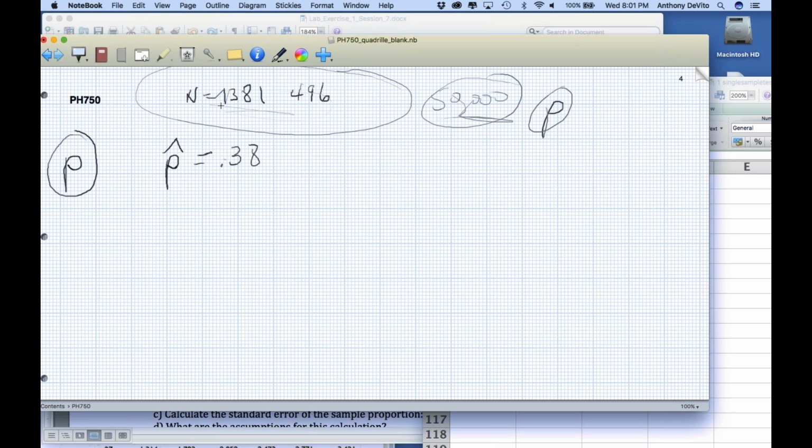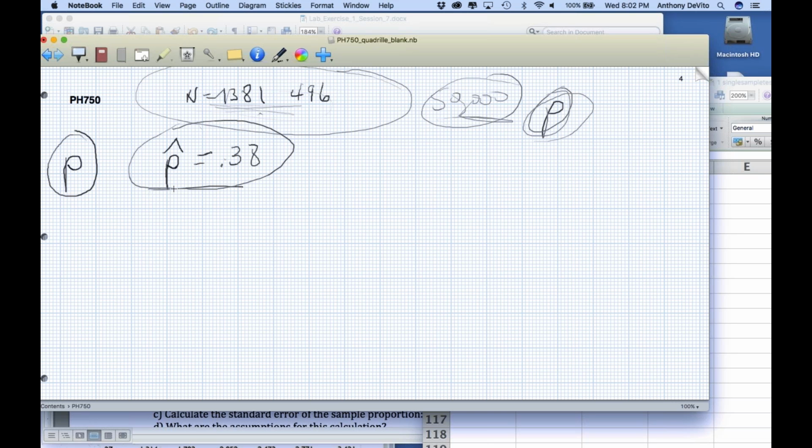Well, we randomly sampled 1,381 people, so we don't know p. We probably will never know what p is, but we do know the proportion of our sample. We can use that to calculate a confidence interval for the true proportion.